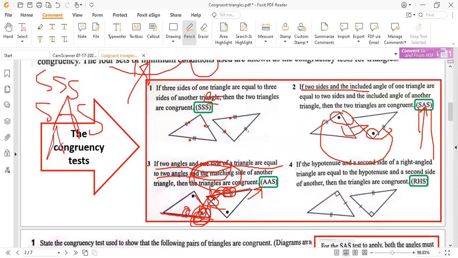For angle, angle, side, the side should be the matching side between the two triangles, and not obligatory adjacent to these angles. Good. And third, we can't guarantee that angle, angle, angle gives us two congruent triangles.